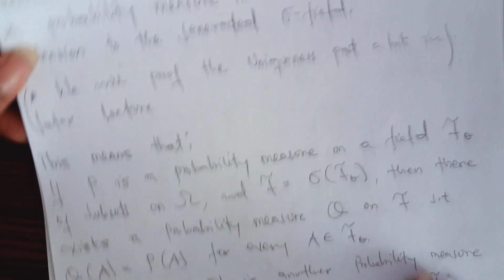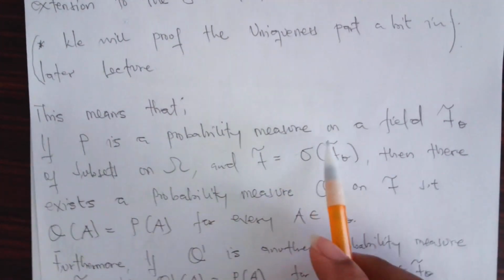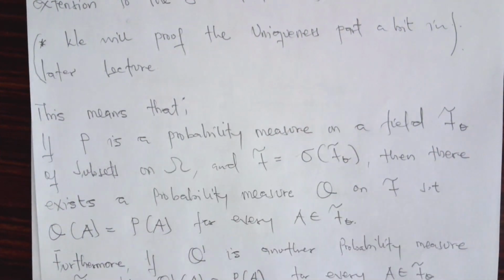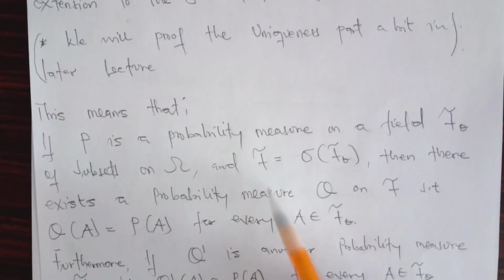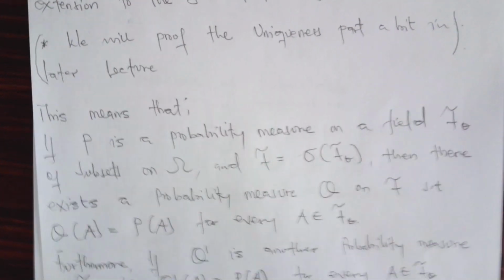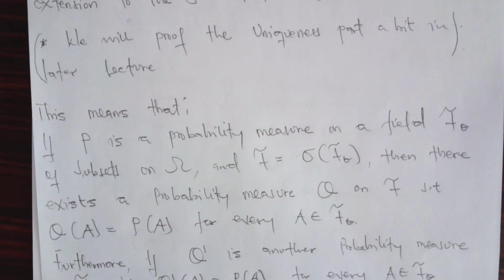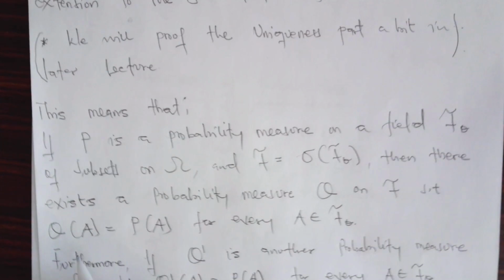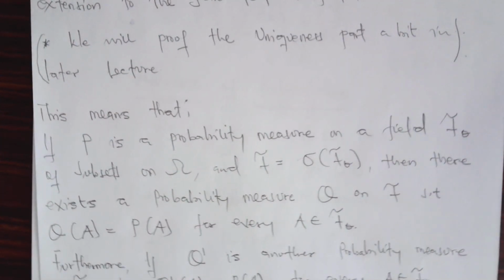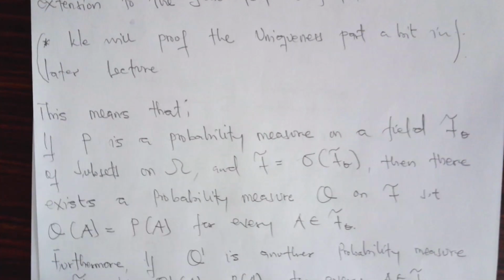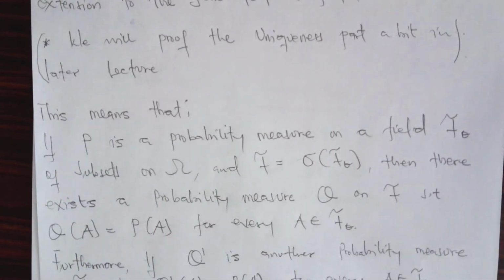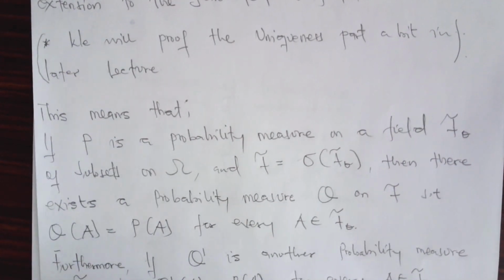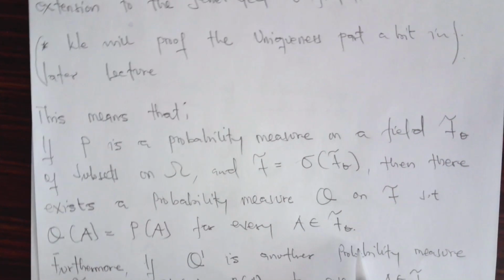What we mean by this theorem is that if P is a probability measure on a field F_0, which is a class of subsets of omega, and we sigmafy that class and denote it by F, then there exists a probability measure Q on the sigma field generated by F_0, such that Q(A) is equal to P(A) for every A belonging to the field.